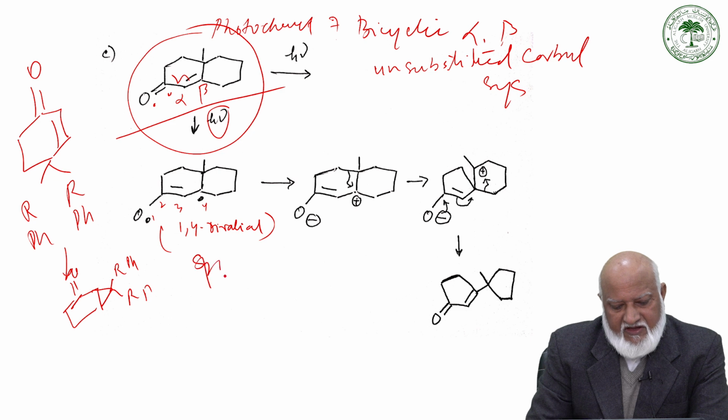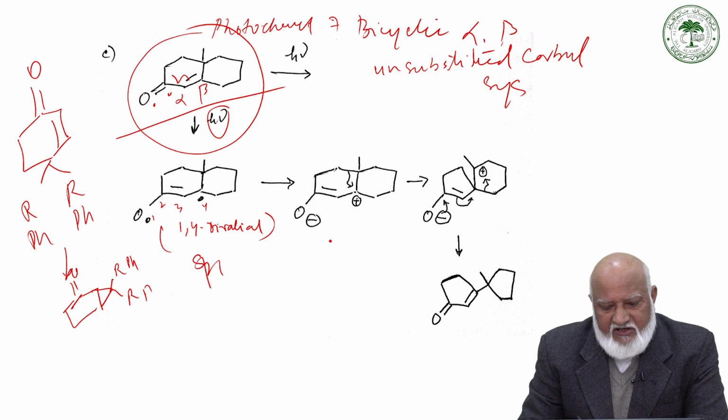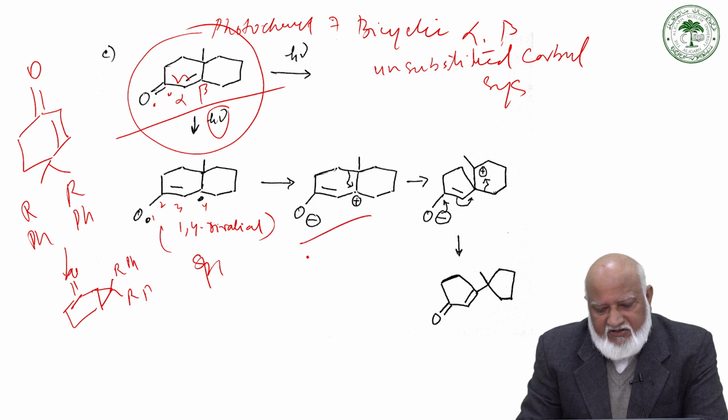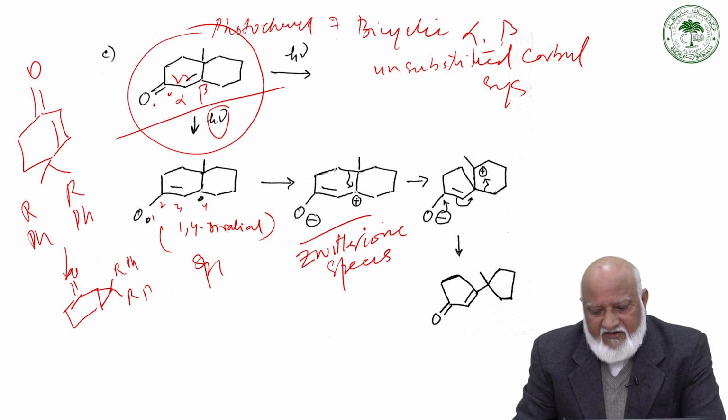The 1,4 diradical species, and then we have just mentioned that in the case of the enone system, transformation of a diradical species to a dipolar, zwitterionic species is well known, and then this carbocation is now transformed to a more stable carbocation.